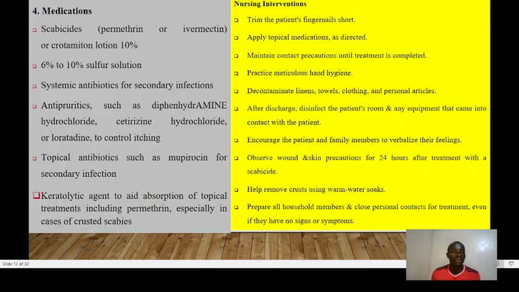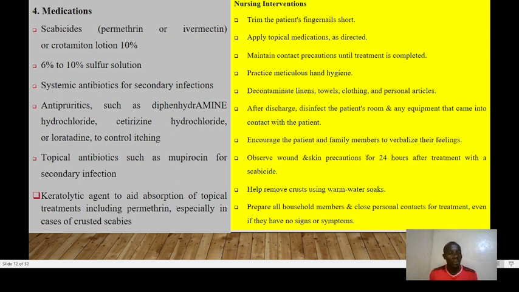the itching. So we could have the scabicides like permethrin or ivermectin or the crotamiton lotion, or 6 to 10% sulfur solution. Systemic antibiotics for secondary infection could also have the antipruritics like diphenhydramine hydrochloride, cetirizine hydrochloride, or loratadine to control itching.